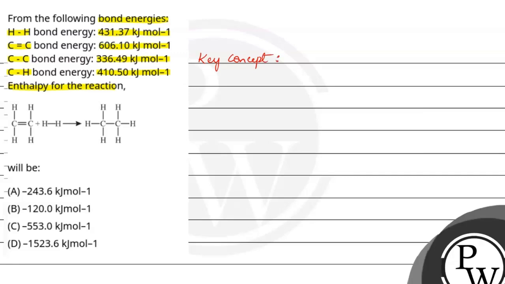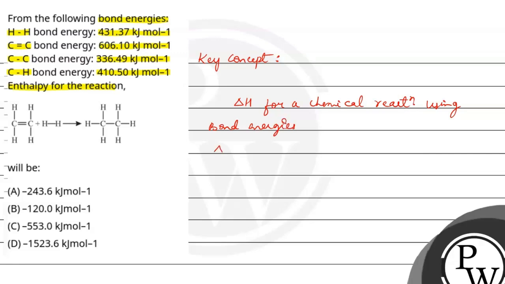So the key concept involved is the calculation of change in enthalpy for a chemical reaction. So a chemical reaction is given, and we have to find its enthalpy change. Using what? Using bond energies.